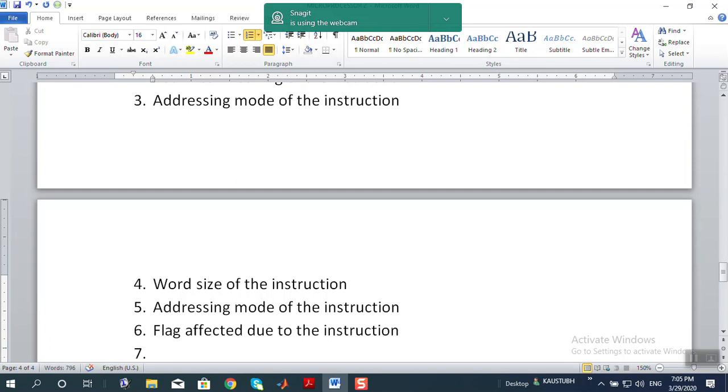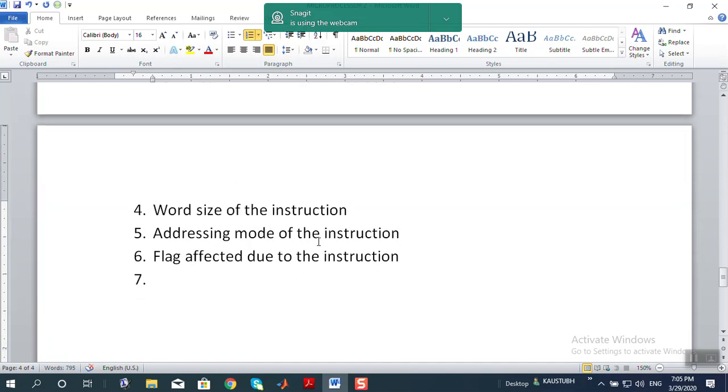Then we'll see the machine cycle, because as I mentioned, it is a clock driven circuit. So how many machine cycles a particular instruction takes to execute, and in each machine cycle how many T-states, where a T-state means one clock period. So the machine cycles and T-states for the instruction.